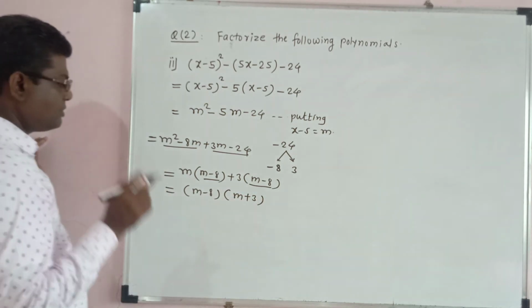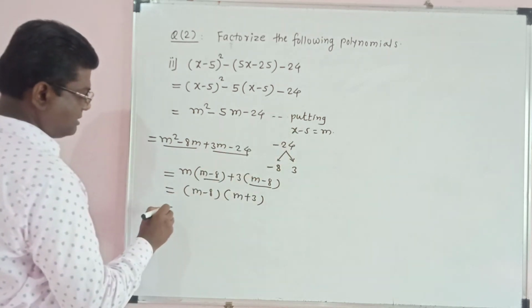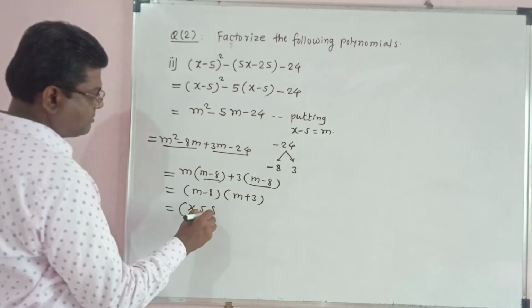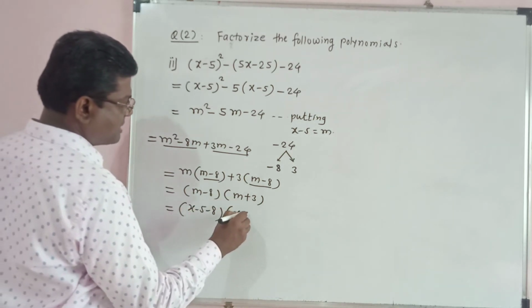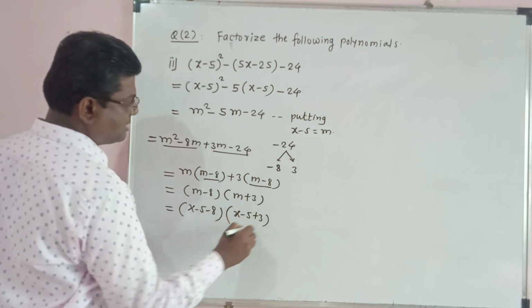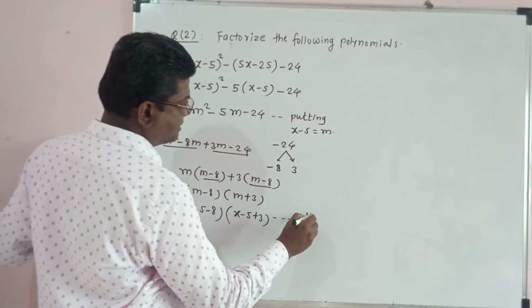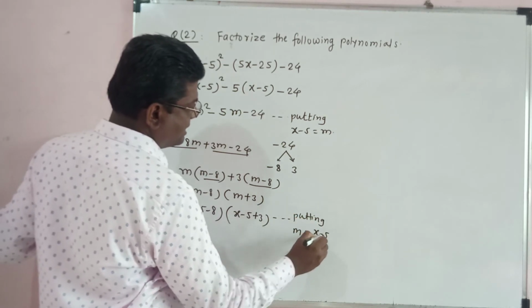Now put m is equal to x minus 5 here. Value of m is x minus 5 minus 8, in another bracket value of m is x minus 5 plus 3, and here we write putting m is equal to x minus 5.